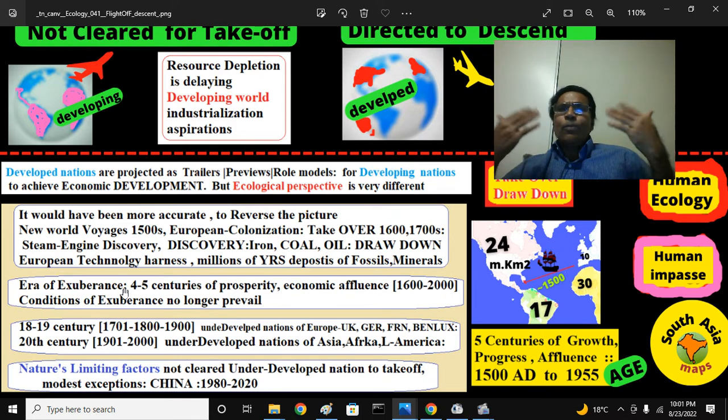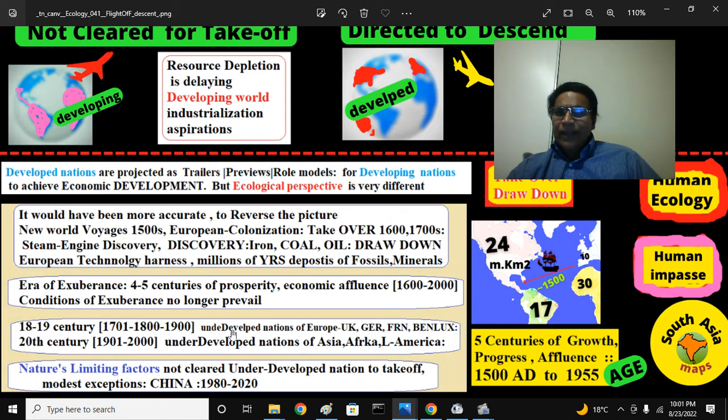We entered the post-exuberant era with 8 billion population and depleted resources. That means the 18th century ends in 1800, the 19th century ends in 1900, the 20th century ends at 2000. We are in the 21st century.